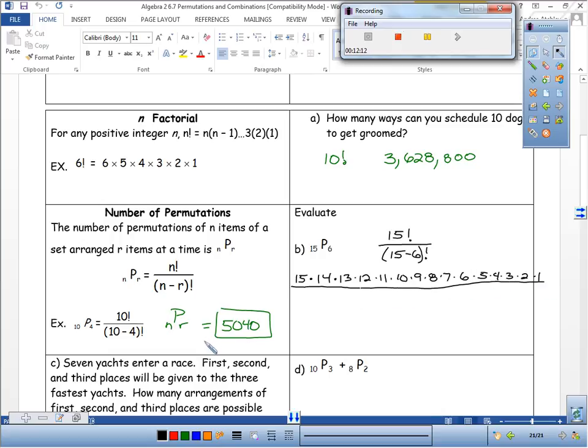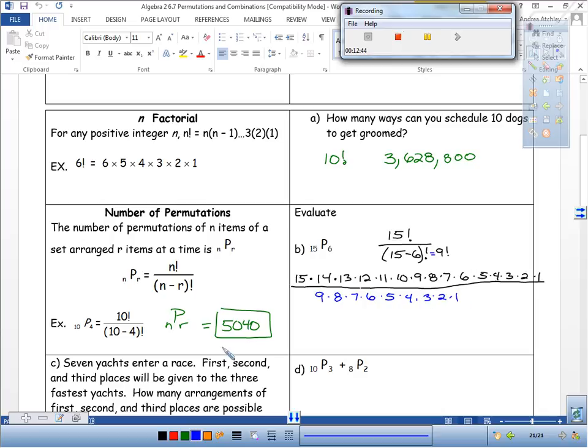Counting's hard. 15 minus 6 is 9, right? So I'm going to put 9 factorial on the bottom: 9 times 8 times 7 times 6 times 5 times 4 times 3 times 2 times 1.